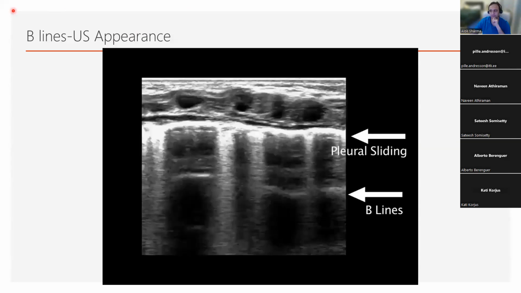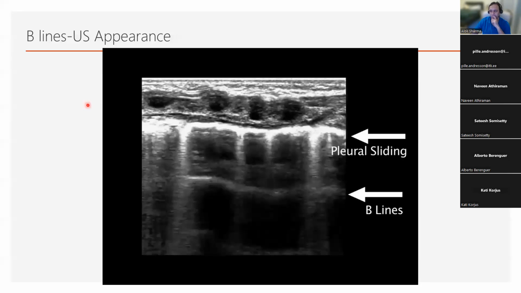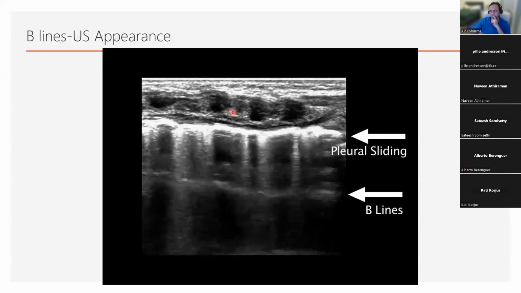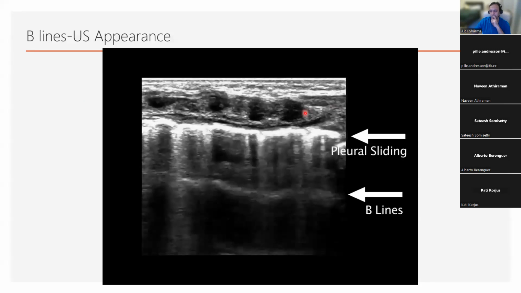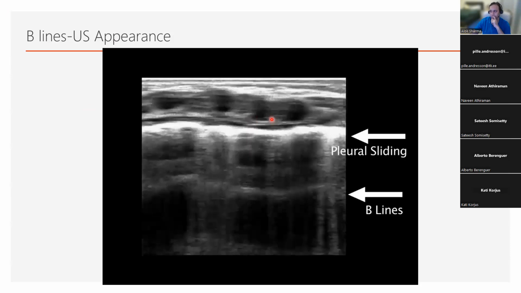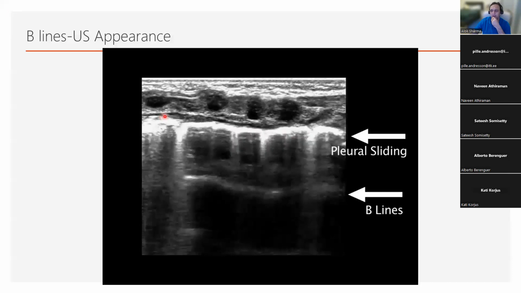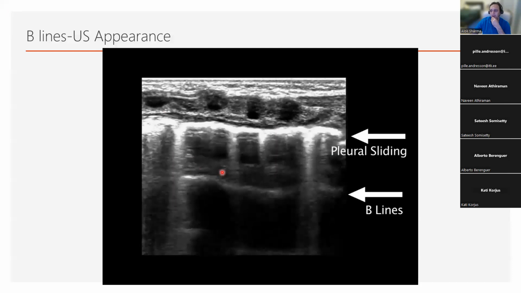Yeah. Hello, it's Naveen here. You can see the bat wing sign clearly. I've got two ribs and pleura. So it actually looks like you've got 4 ribs and pleura. There's good pleural sliding, and you can also see what looks like A lines, at least A1, A2.